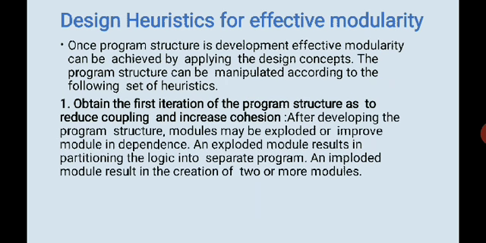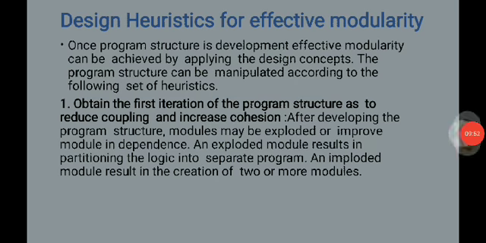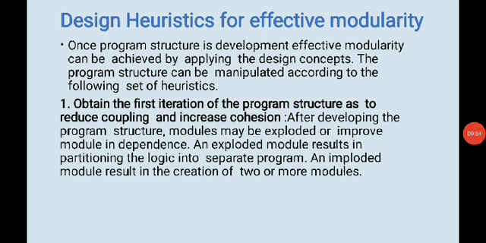Next we come to design heuristics for effective modularity. Once the program structure is developed, effective modularity can be achieved by applying the various design concepts. And the program structure can be manipulated according to the following set of heuristics. What are they? The first one is to obtain the first iteration of the program structure so as to reduce coupling and increase cohesion.